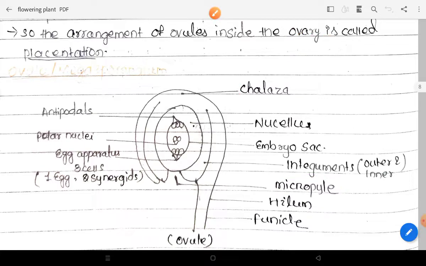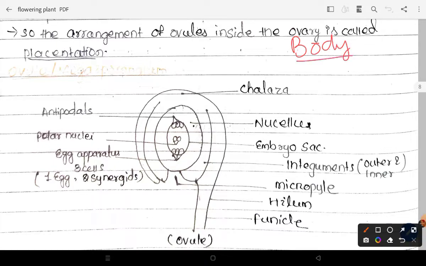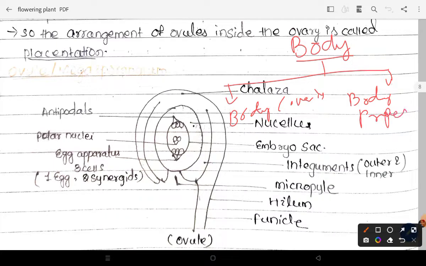Next, the body is differentiated into two parts: one is body covering, and the other is body proper. The body covering of the ovule is known as integument.